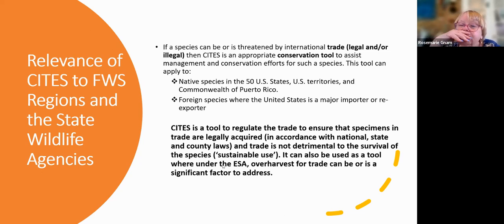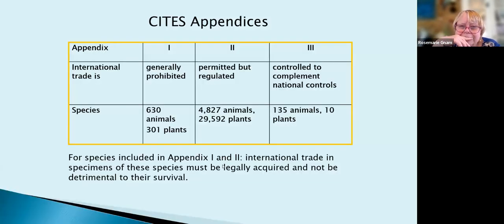And therefore, we took a proposal to CITES and included paddlefish in Appendix 2, and thereby hopefully did not have to deal with paddlefish as an ESA listed species, addressing the real threat at the time, which was overharvest for caviar trade.